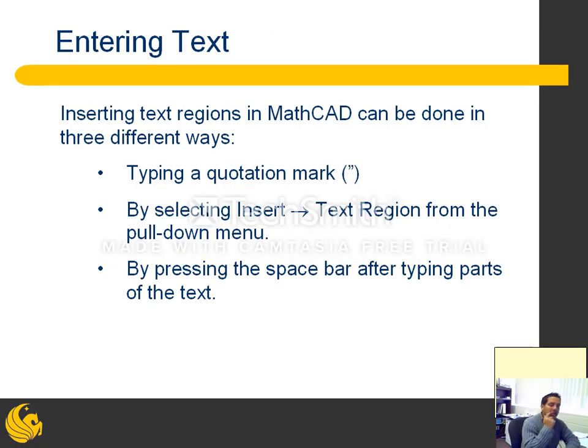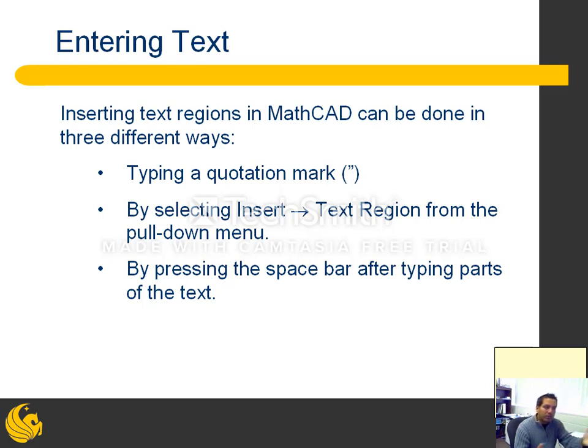Entering text. You can enter text in MathCAD in 3 different ways. Text is just if you want a title to what you're doing, or a caption, a comment that is not going to be evaluated by the MathCAD engine. It's just going to be there for you to see.